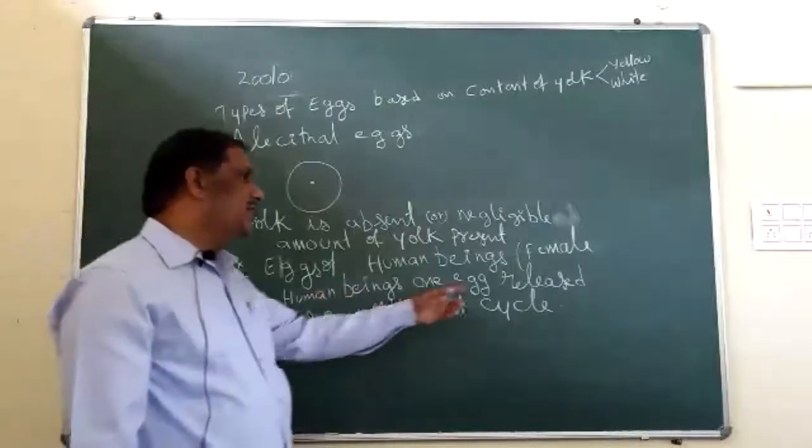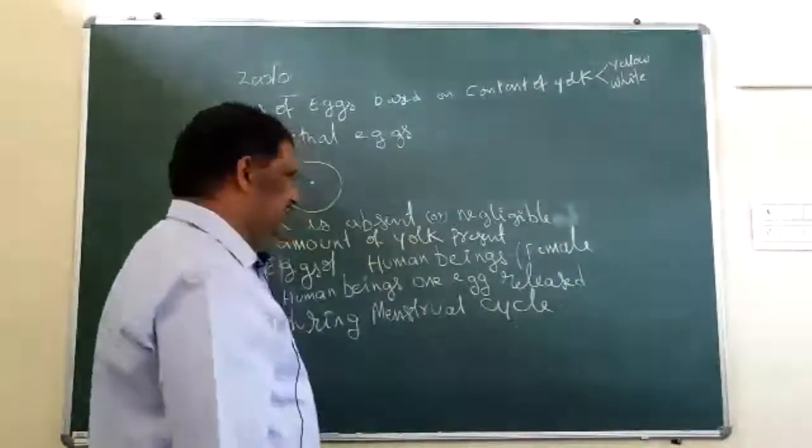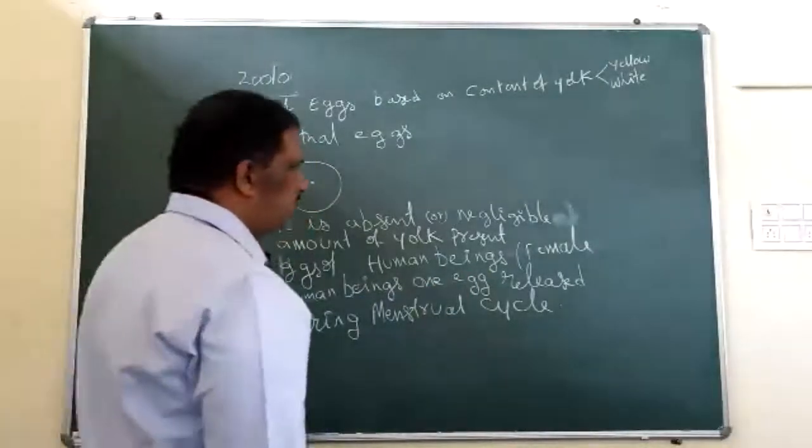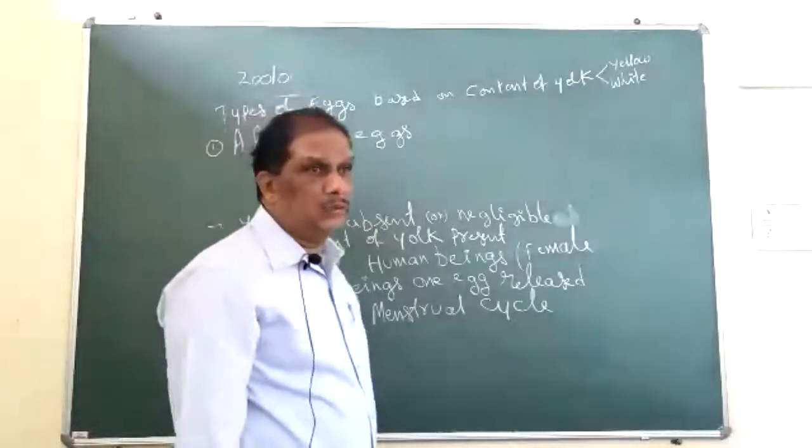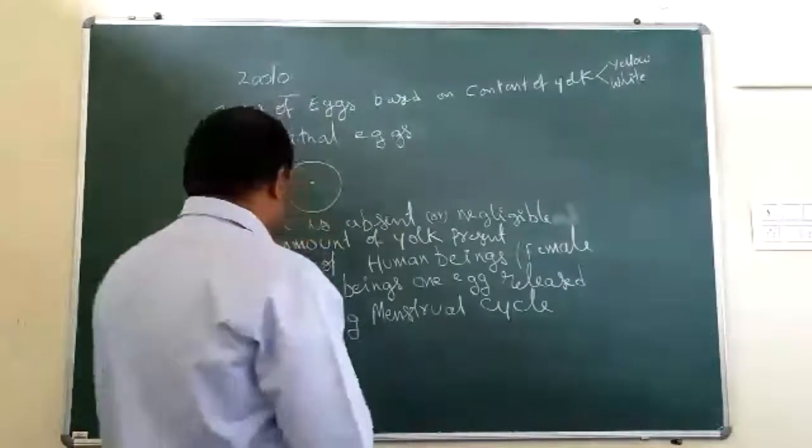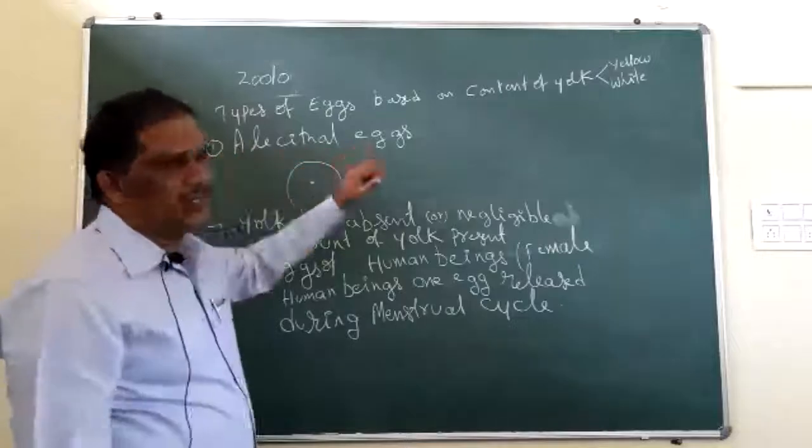Only one egg is released during the menstrual cycle per month. That is the alecithal egg.